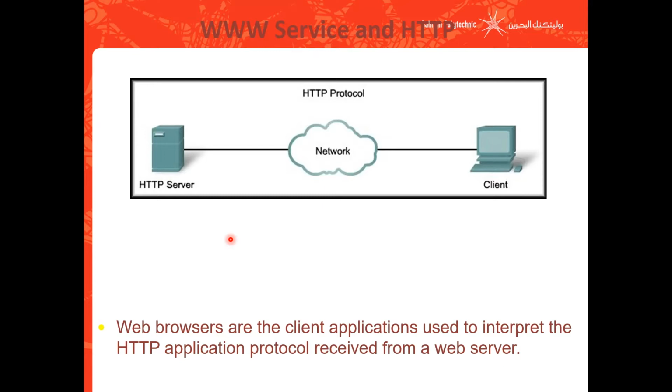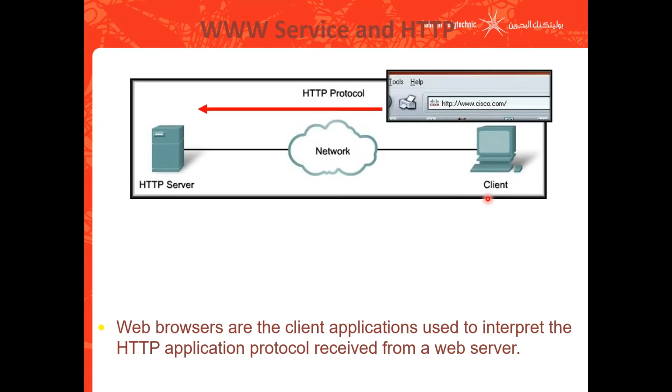So the first thing you would do is, as a client, you would try to connect to the HTTP server by putting in the URL or the domain, which in this case is www.cisco.com. Again, we know how the DNS works.